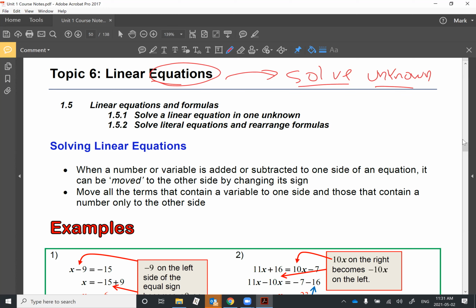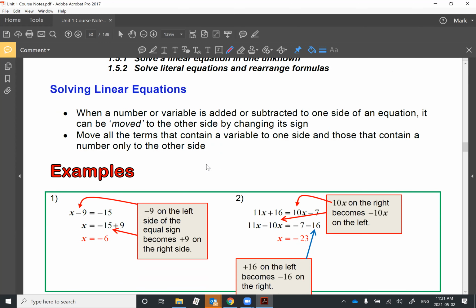If you're a business student, if you're an engineering student, X could be the pressure in a system. If you're a medical science student, X could be the number of milligrams or parts per million of iron in a person's blood. So this is definitely something useful for you guys, solving linear equations.